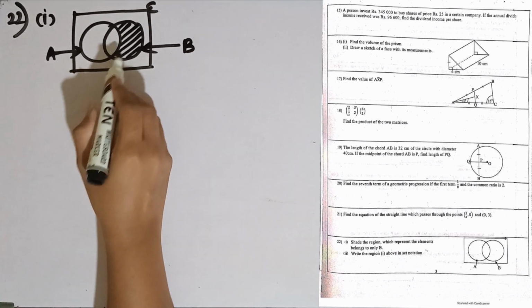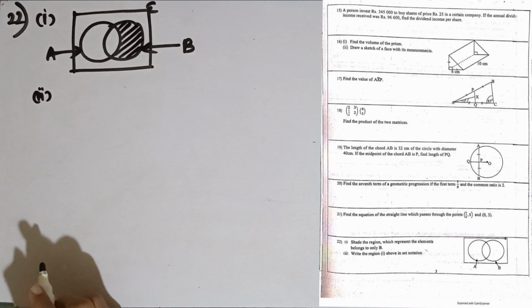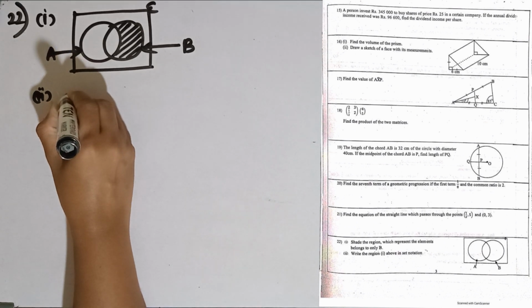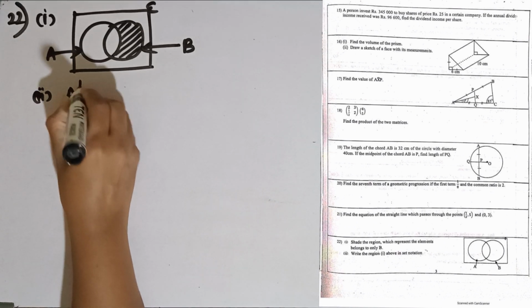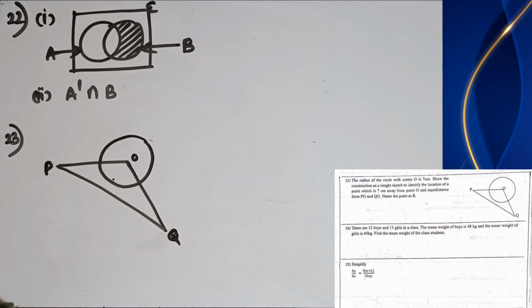Belongs to B, here. Then second part, write the region shaded above in set notation. We can write it by A dash intersection B.